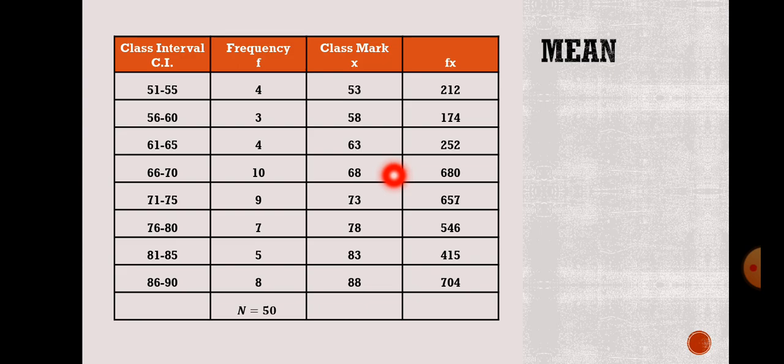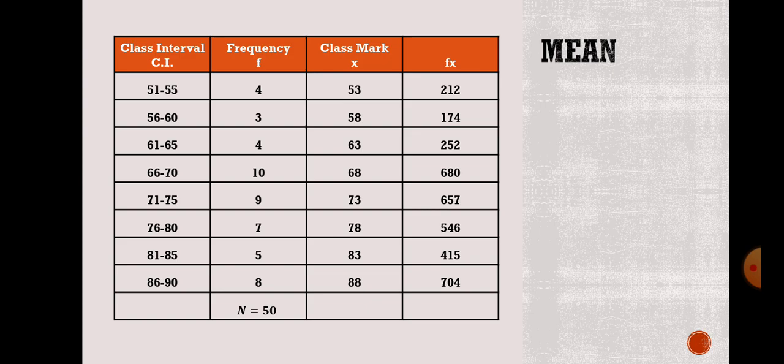10 times 68 would be 680, and so on and so forth until we reach 8 times 88, which is equal to 704. So the next thing to do is to add the products of each, in step number 2, or add the data on the last column.